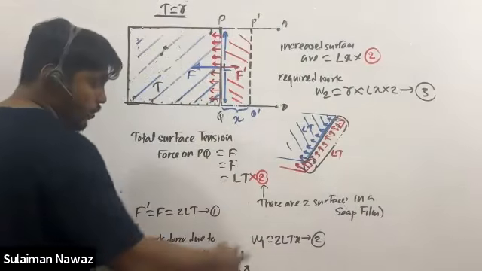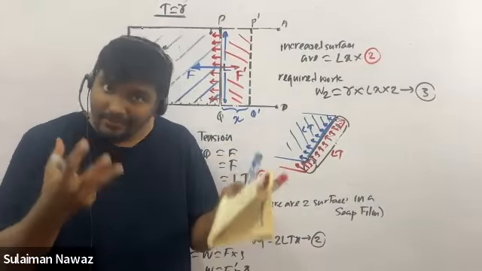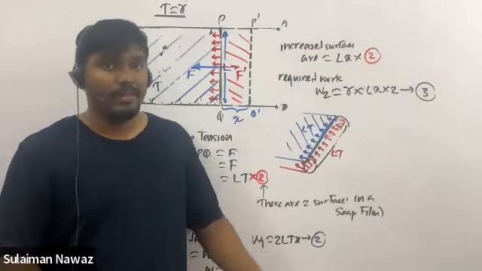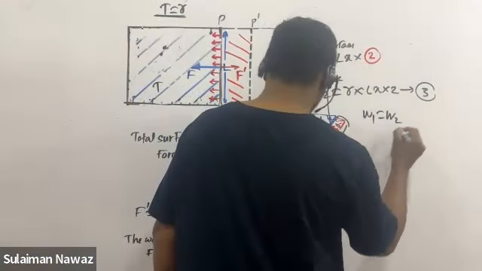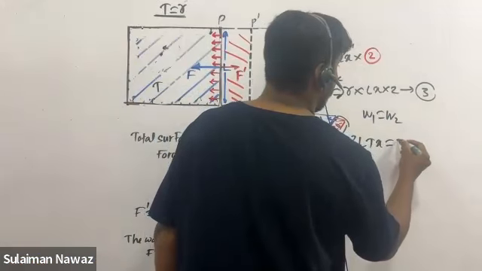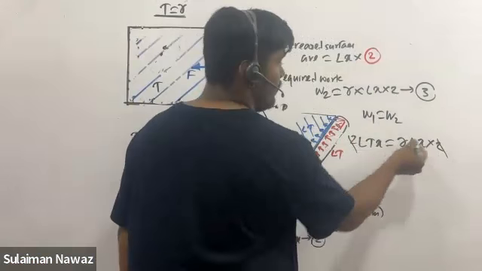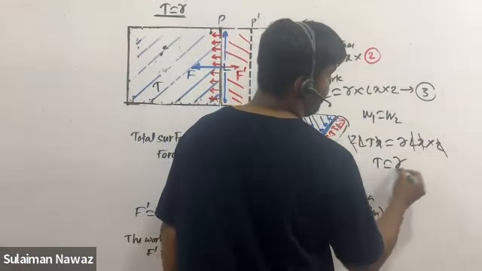I know that W2 and W1 must be equal. Whatever work we do is used to increase the area by this much. Therefore W1 equals W2, so 2LTX equals gamma Lx into 2. The 2 cancels out, Lx cancels out. Therefore, T equals gamma.